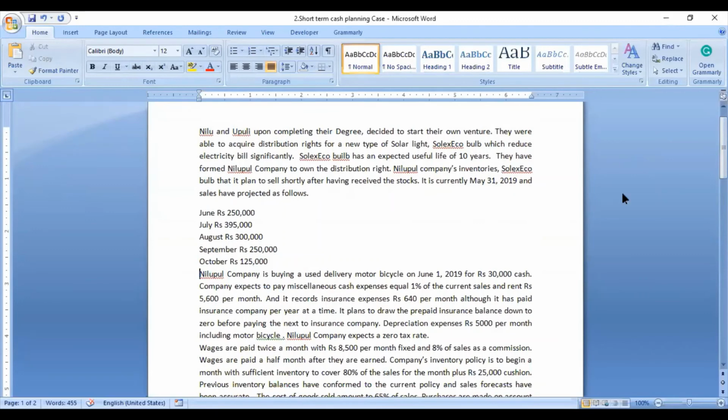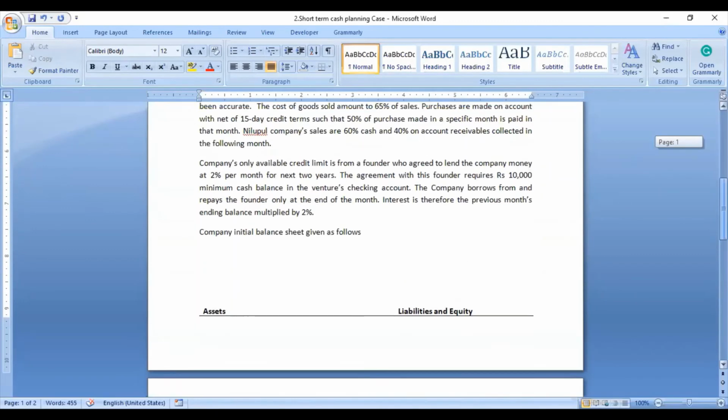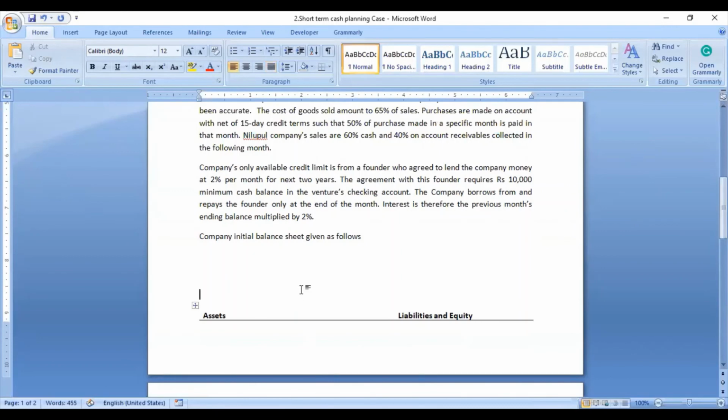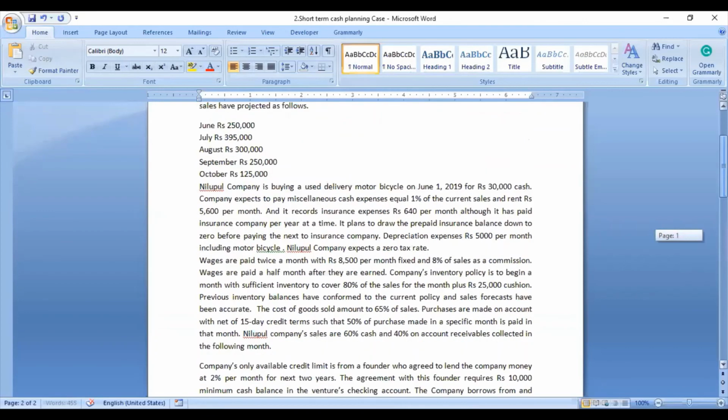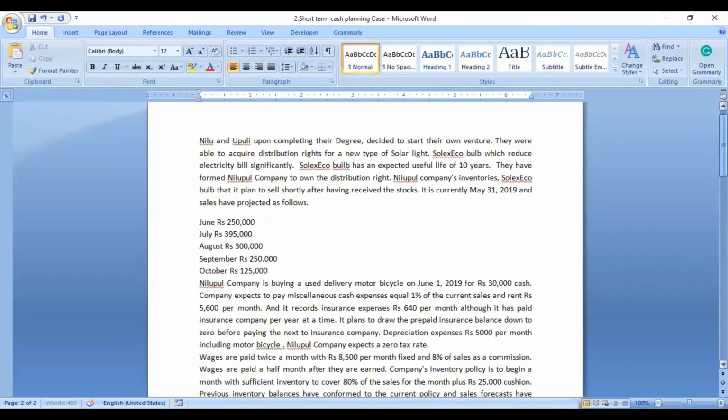Here, Amma, can you read the case with the students? Nilu and Upuli, upon completing their degree, decided to start their own venture. They are able to acquire distribution rights for a new type of solar light, the Solex Eco bulb, which reduces electricity bills significantly.